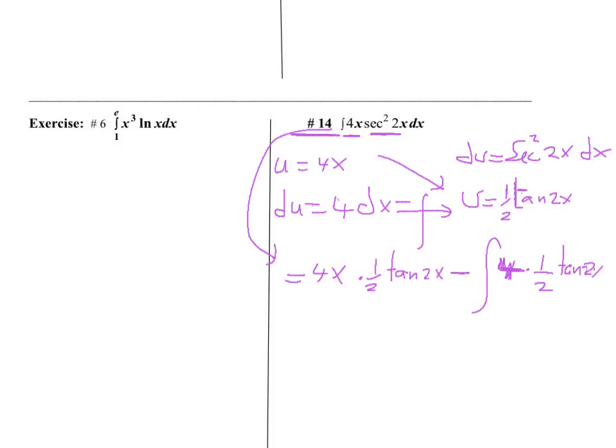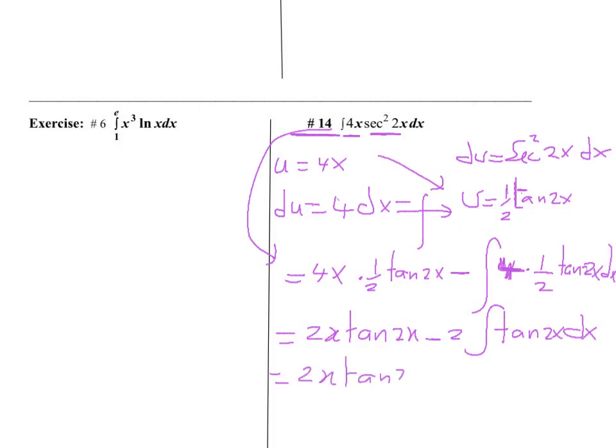So tan 2x, we have to simplify it, dx. This is equal to 2x tan 2x minus 2 integration of tan 2x. Integration of tan is sine divided by cosine, minus 2 sine divided by cosine 2x.